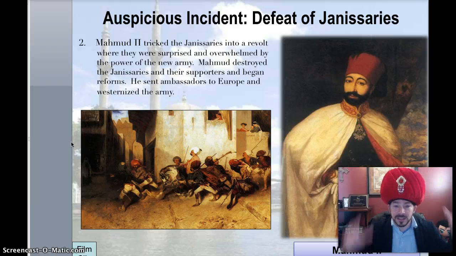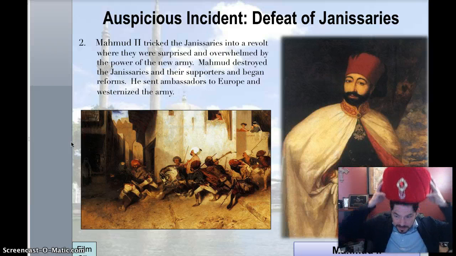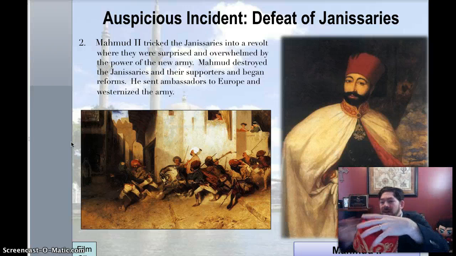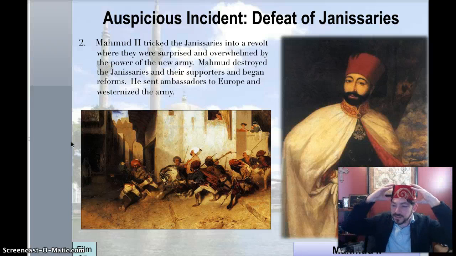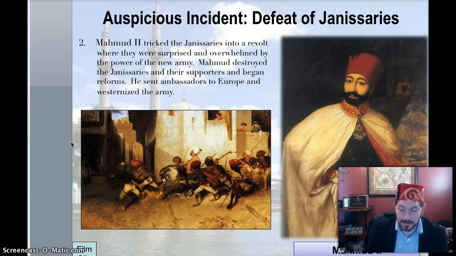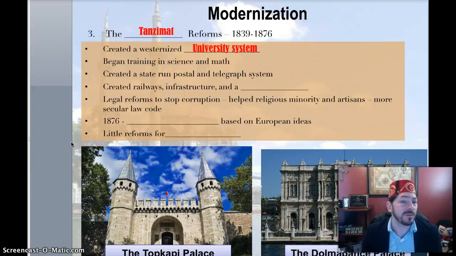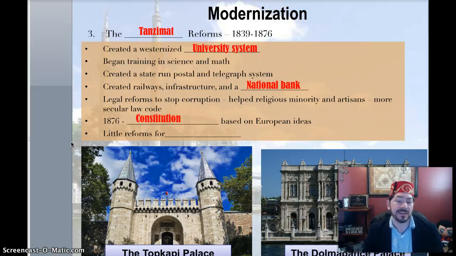And he also gets rid of this big turban that symbolized the sultans for so long, and puts on the fez as a more modern hat, modern look, and starts to create what's known as the Tanzimat reforms, the modernization of the Ottoman Empire, creating a westernized university system, creating a national bank, postal systems, telegraph systems, new university and classes in science and math, a written constitution based on European ideas.